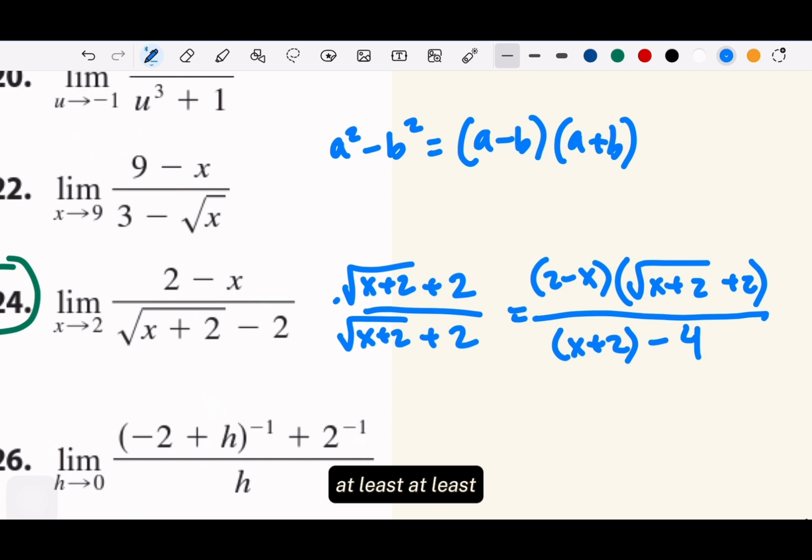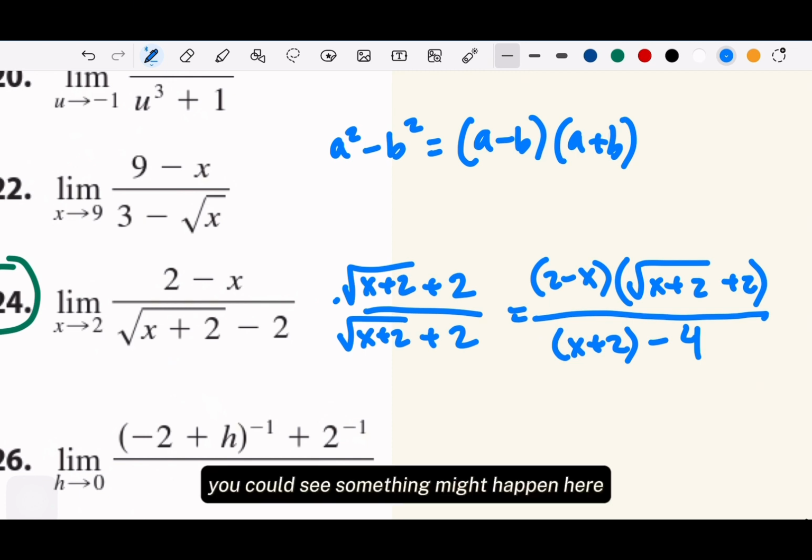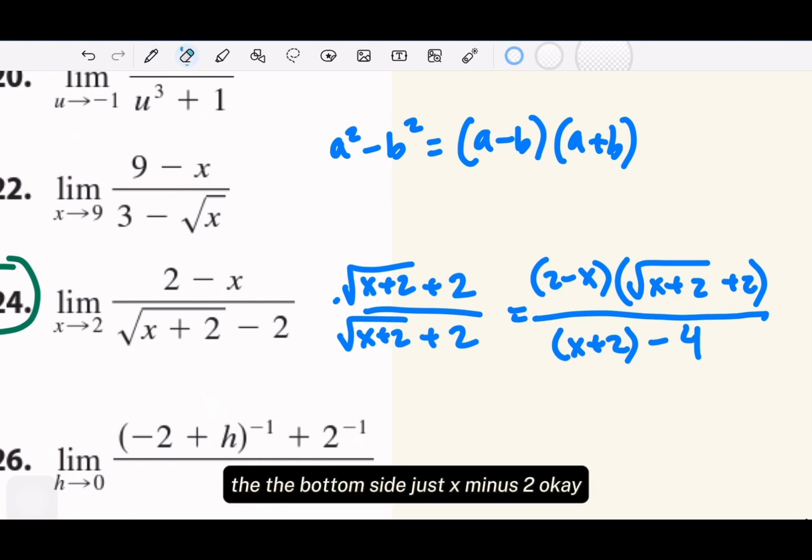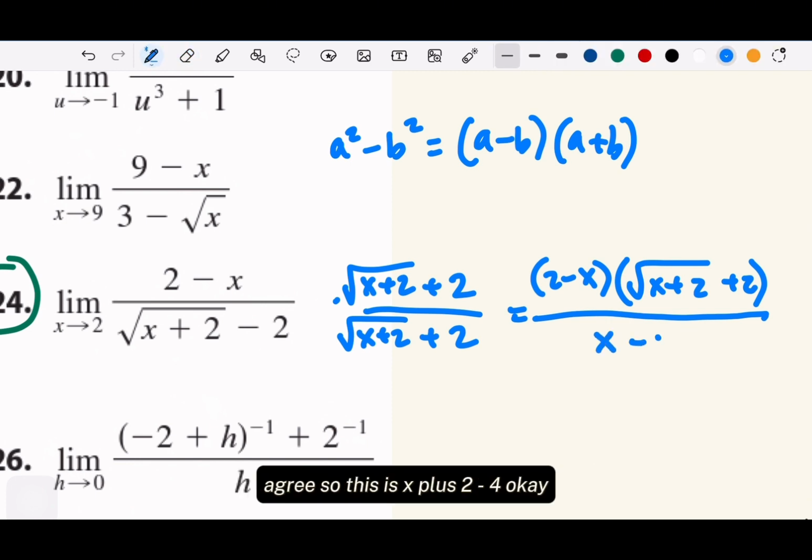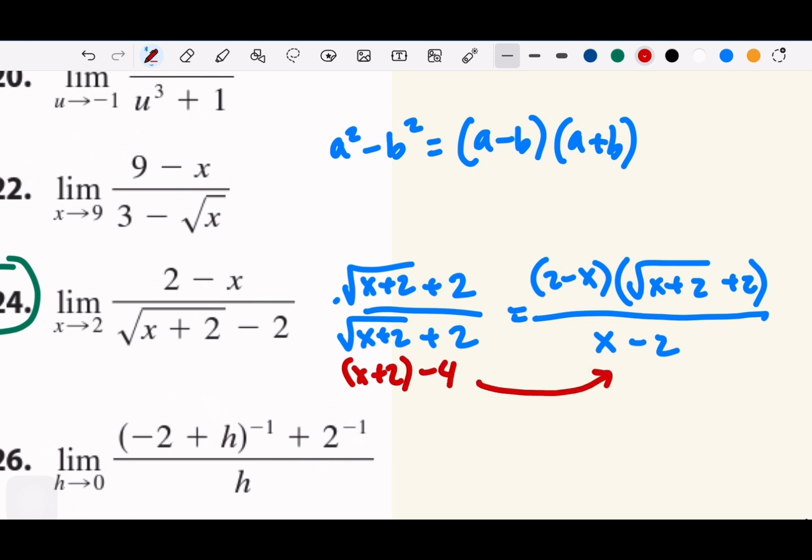At least you could see something might happen here. So I think we could solve this, and let me write the bottom side completely as x minus 2, okay, agree? So this is x plus 2 minus 4, so we can write that. Do you see something?